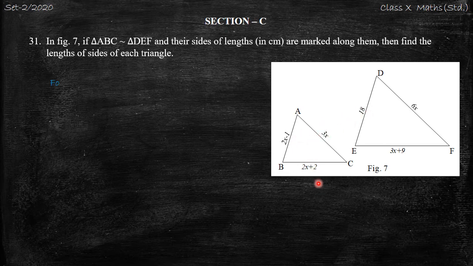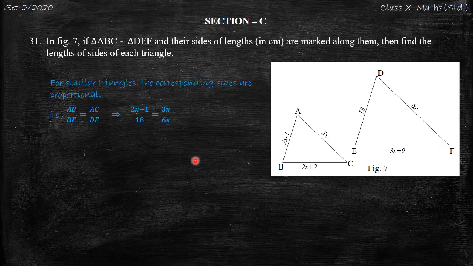So you need to take the corresponding sides, equate them and find the value of x. So AB to DE equals AC by DF.